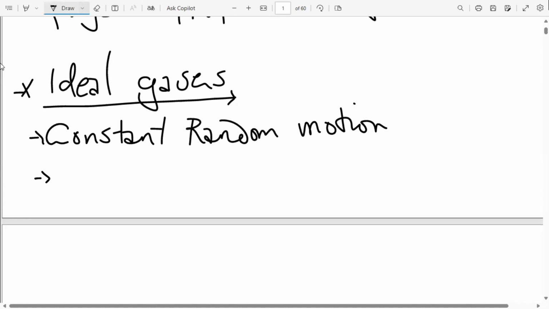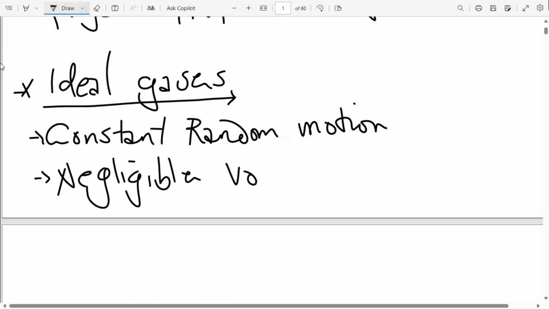The other assumption is negligible volume. If you want to talk about the volume of an individual gas particle, the volume of a single gas molecule is considered insignificant compared to the total volume of the container that those molecules occupy.